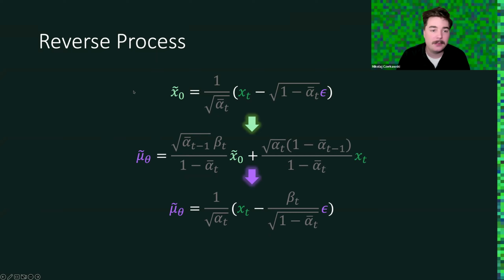And again, the first equation is an approximation of the clean sample, and the last equation is an approximation of the previous sample in the chain. So not the clean sample, the previous sample in the chain, just so we can progress through the reverse direction of the diffusion process.